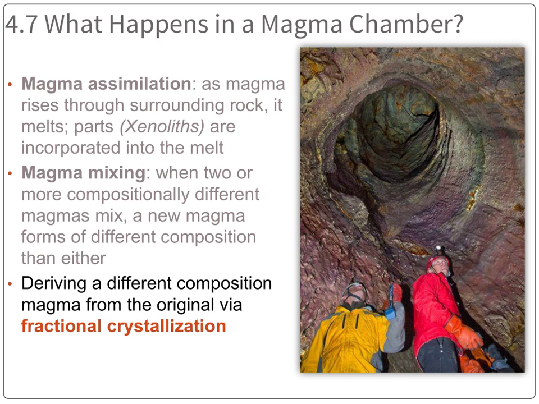And those are going to be things like olivine, for example, which is going to pull out a certain amount of silicate tetrahedrons and a certain amount of iron and magnesium.